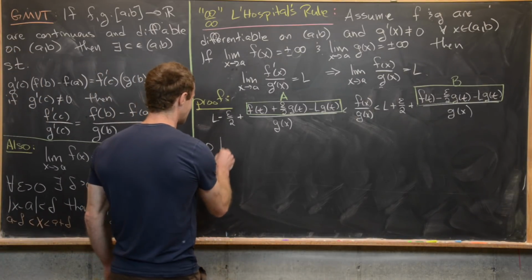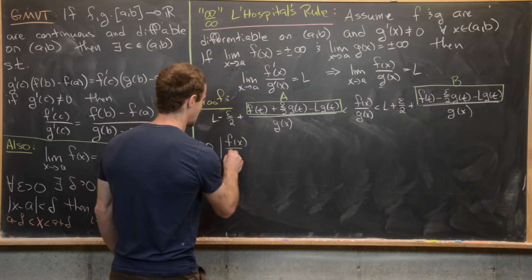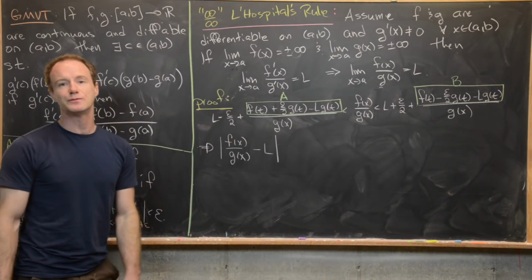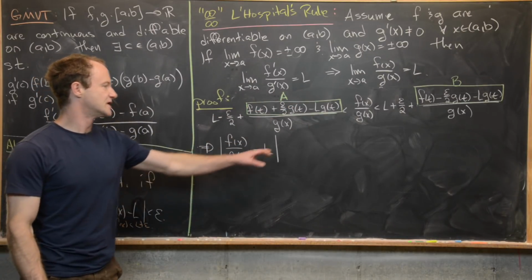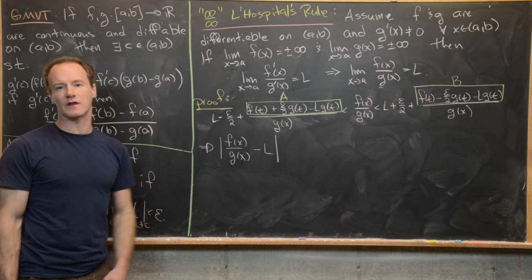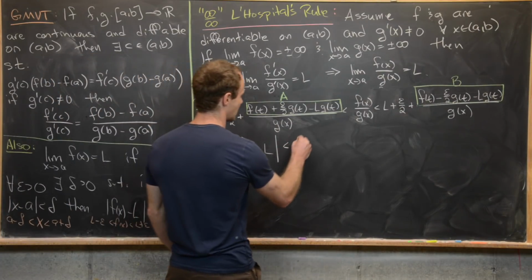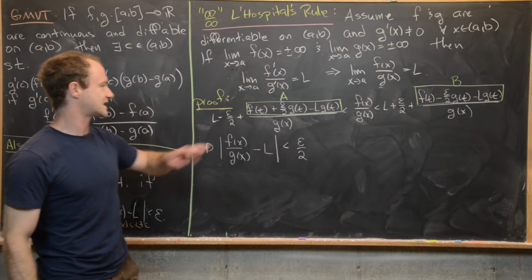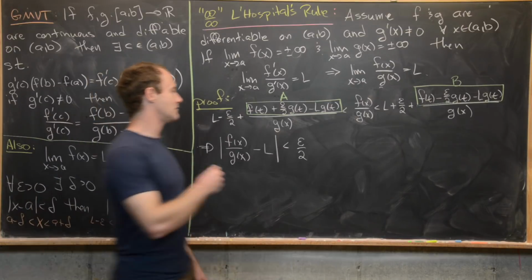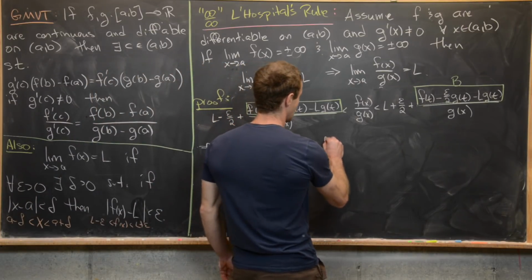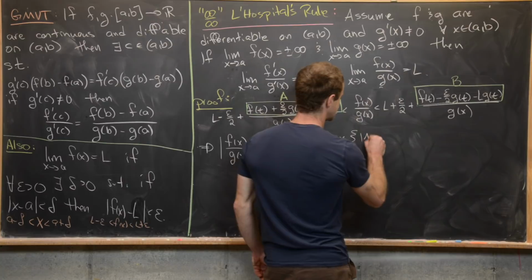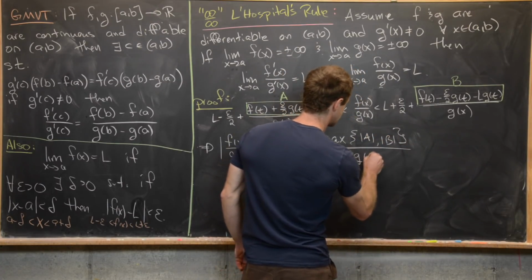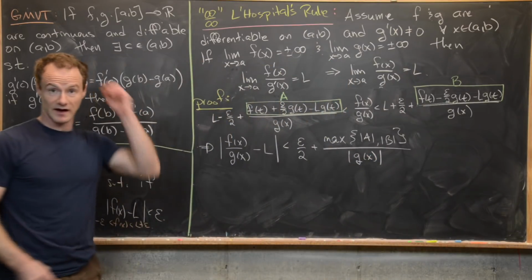So here we're going to have the absolute value of f of x over g of x minus L. But now we want to wrap these two parts together into a package so that we definitely land bigger than this object right here. So let's see how we can do that. So we'll have this epsilon over 2 term, which comes from this guy and this guy. And then maybe we'll say plus the maximum of the absolute value of A and the absolute value of B over the absolute value of g of x, like that.